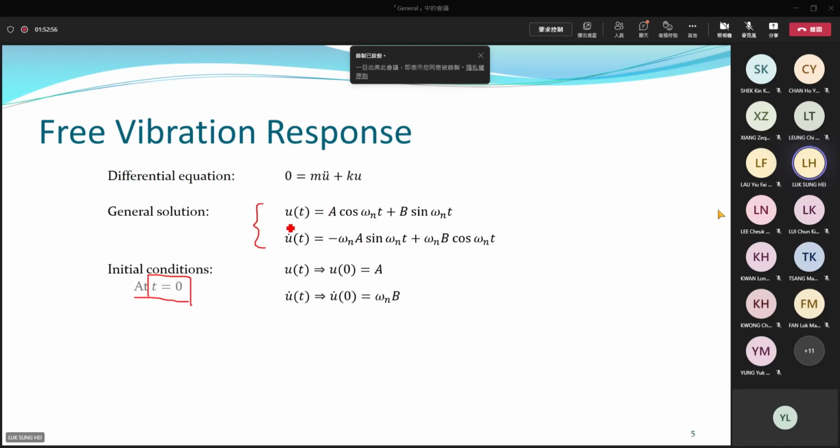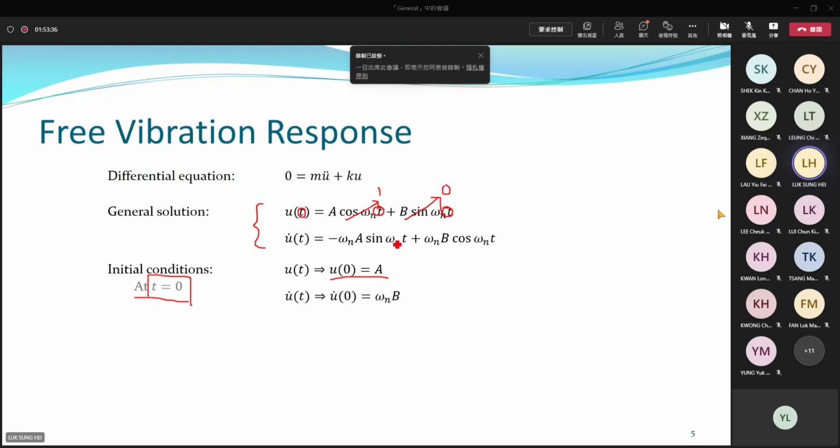For example, for our displacement function, u0 equals A cosine 0 plus B sine 0. Sine 0 gives you 0, cosine 0 gives you 1. So you can see that the initial displacement equals our coefficient A. If you know the initial displacement, then it becomes the number A.